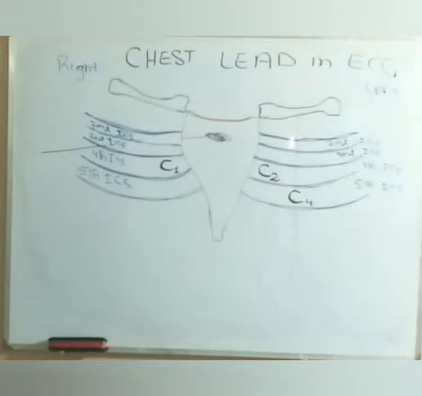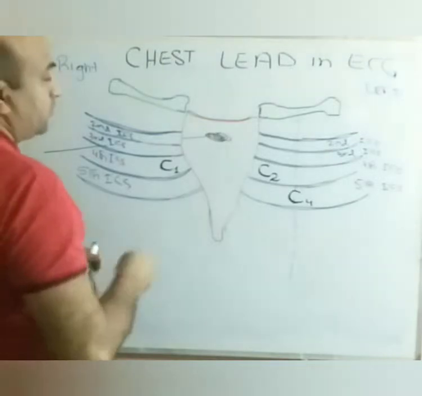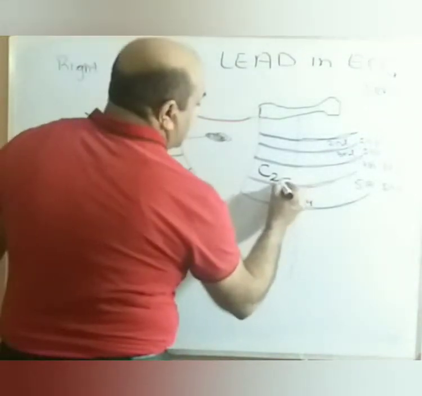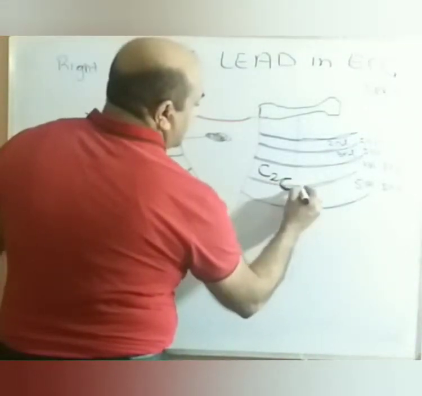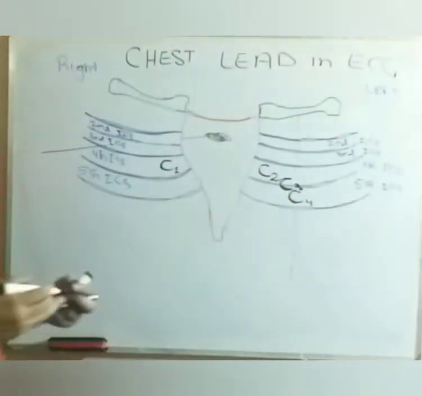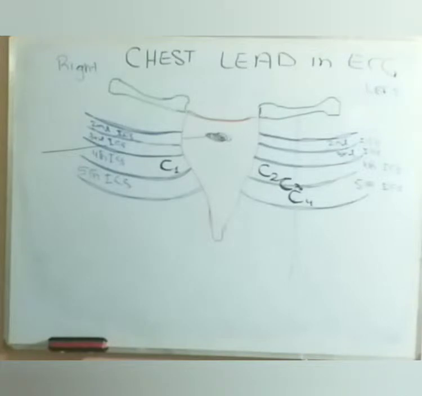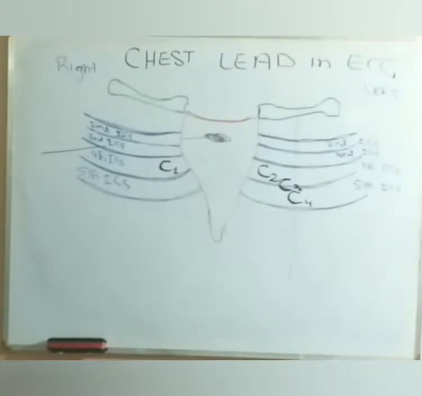Between C2 and C4 we will place C3, wherever it falls, but it should be between C2 and C4. So first we place leads C2 and C4, and then lead C3.